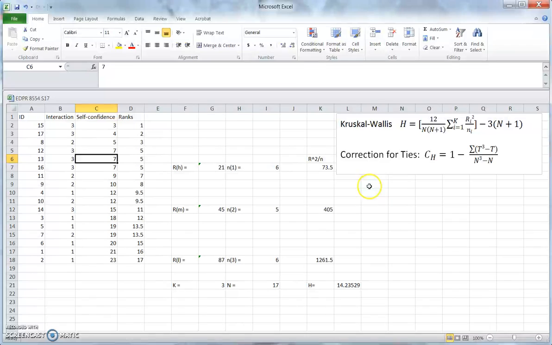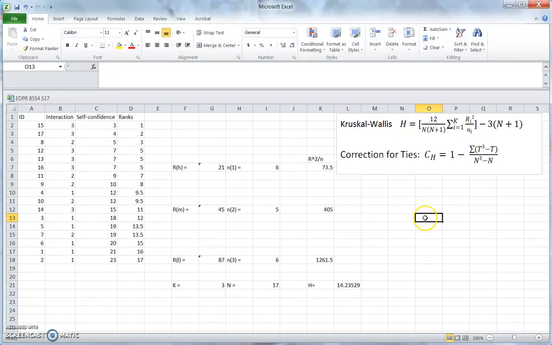So we actually need to calculate a correction for the ties before we declare, okay, this is our final H statistic. So I'm going to show you how to calculate the correction factor by using this formula.